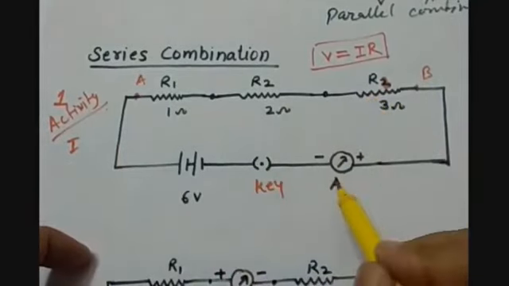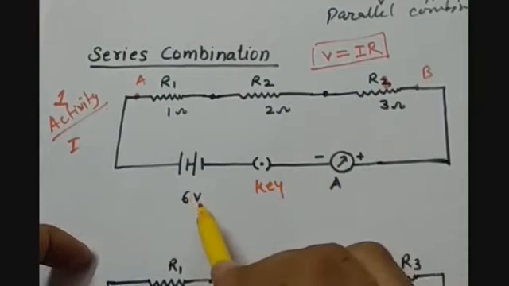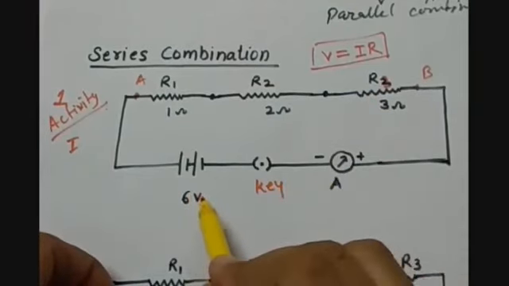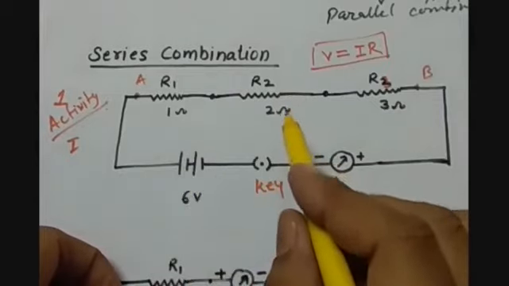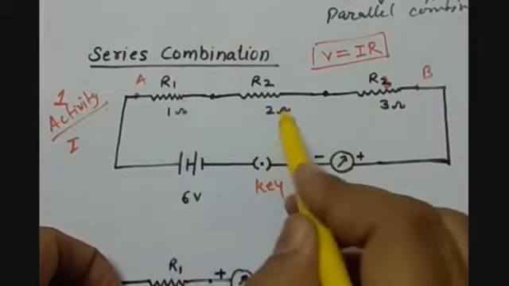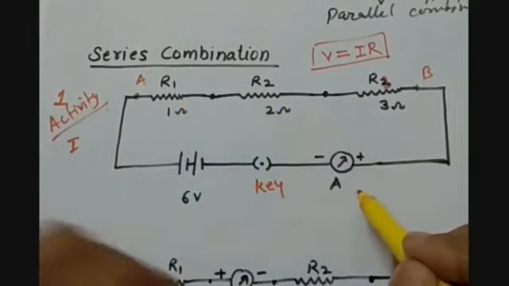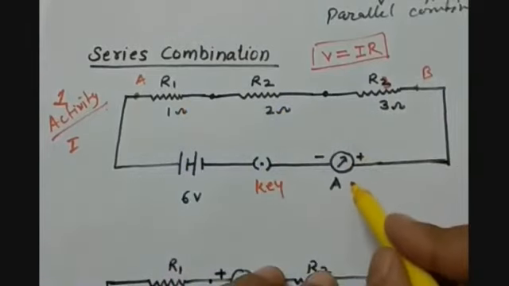First we will check with the 6 volt battery attached here, so we are providing a potential difference of 6 volt to this combination of resistors. Then what is the current flowing in the circuit? That we can measure with the help of the ammeter.